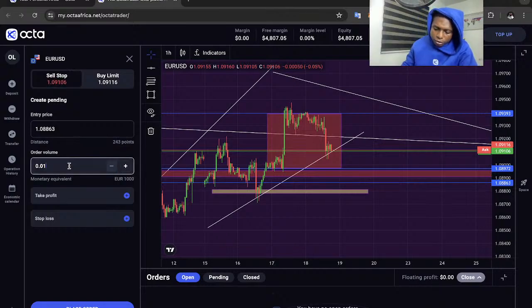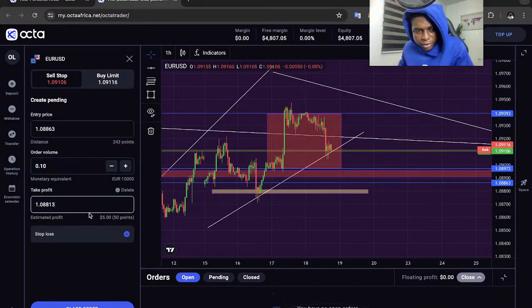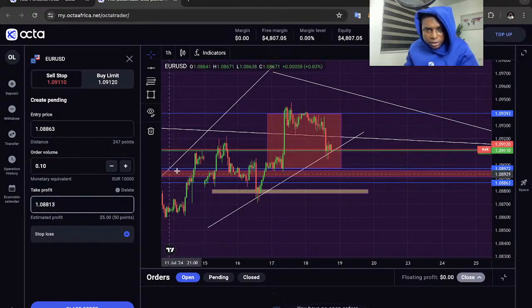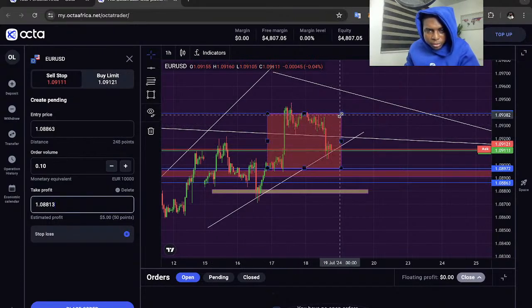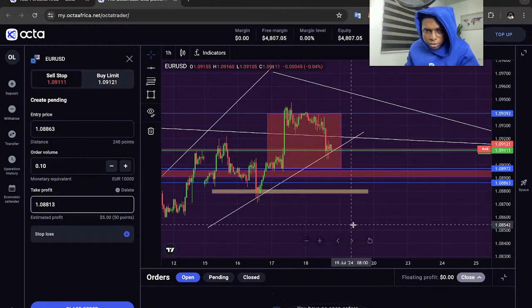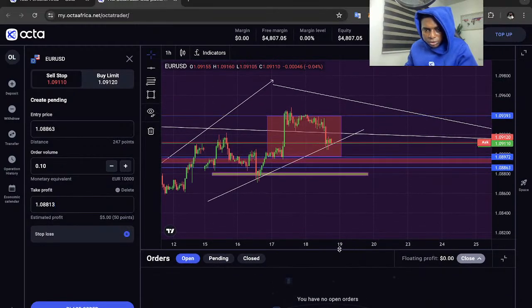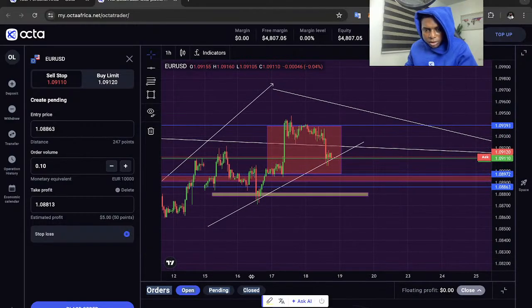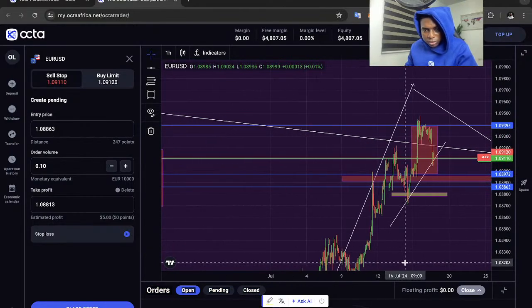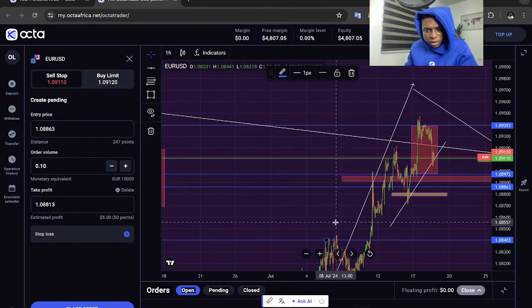I want to use 0.1, and then I want to set my take profit for my sell stop. Let me see which is the next support zone.